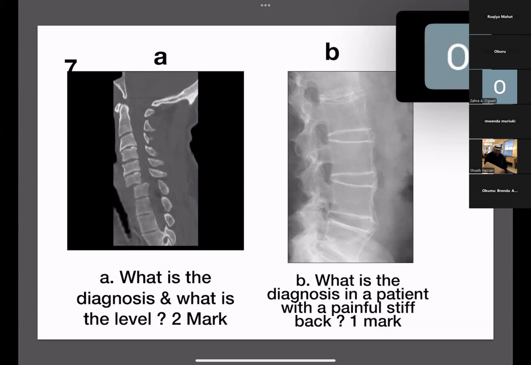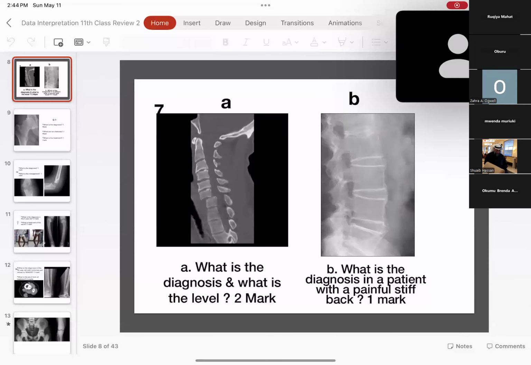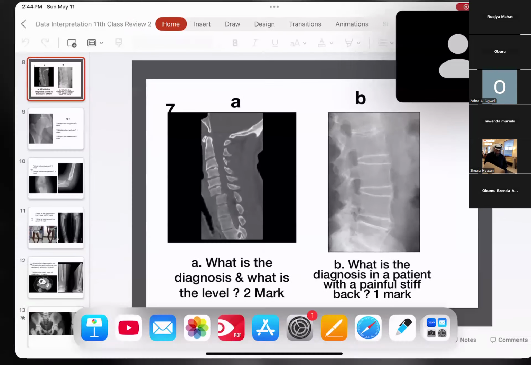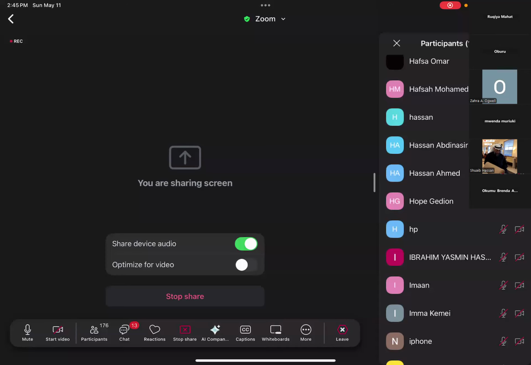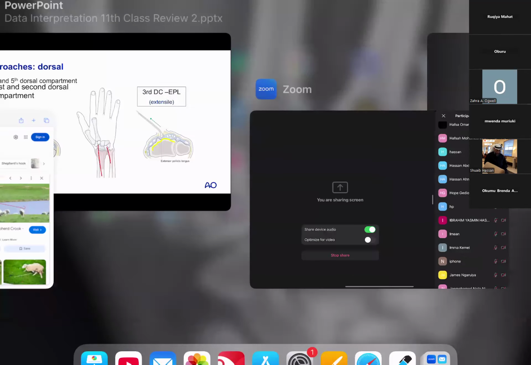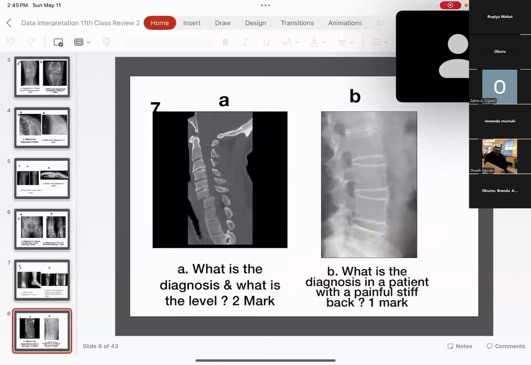So what's the diagnosis in A? What's the diagnosis? Spondylolisthesis, yes, you could maybe say that, but usually spondylolisthesis we used to refer to patients who are in the lumbar spine or something like that. In this case, there was trauma.